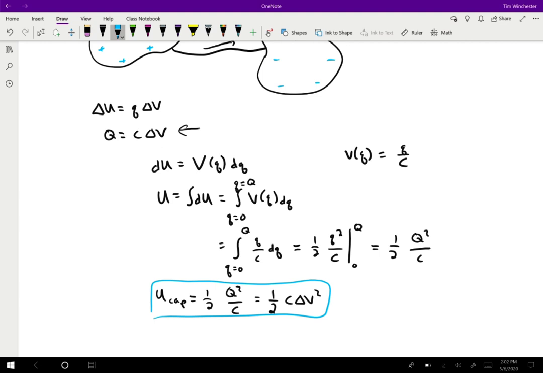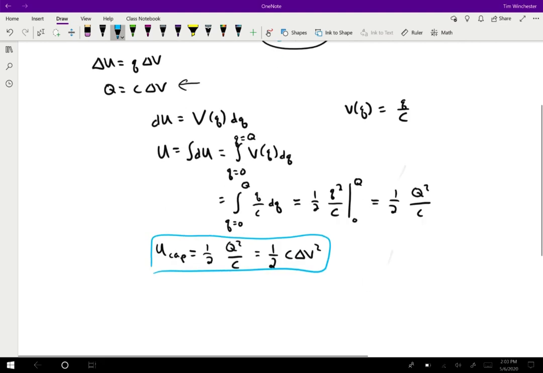So capacitors store charge. Capacitors also store energy. And one of the ways that we use capacitors in practice is as a way to store energy. Instead of using a battery, you can use a capacitor. Okay, so what is good and bad about using a capacitor in this way?